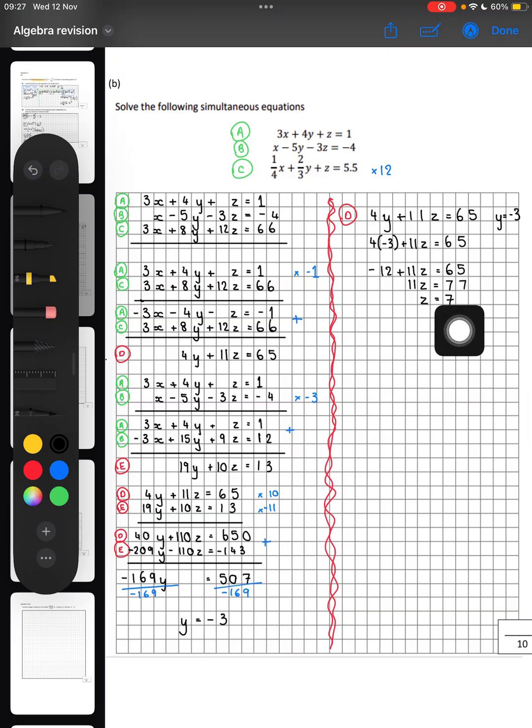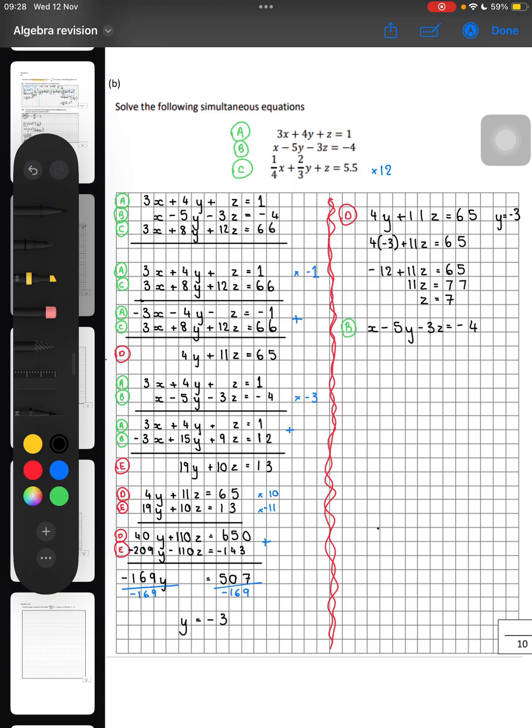So now at this point, I go back to one of my actual original equations, so these ones in green. Now I've already messed with c, so it's not as safe to put it back into c. It's a lot safer to maybe use a or b. So choose which one you're going to put it back into. I'm going to put it back into b, completely up to you. So b was x minus 5y minus 3z is equal to minus 4.